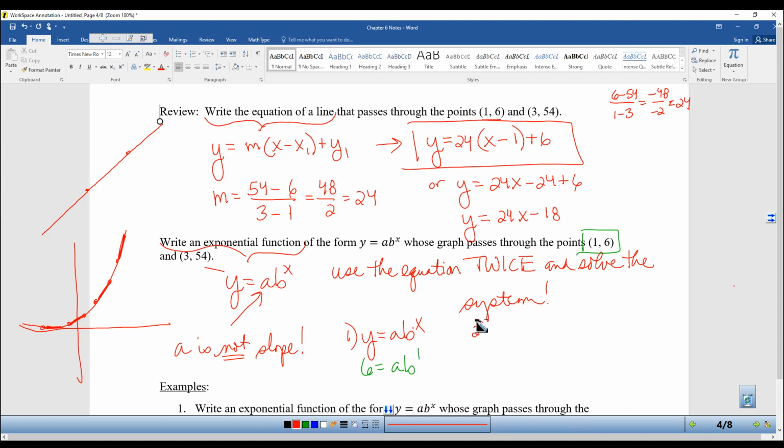And then the second one, y is equal to ab to the x. I use the exact same one again. Now I'm going to use the point 3, 54. 54 is equal to ab to the 3.